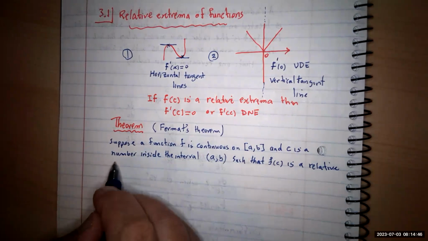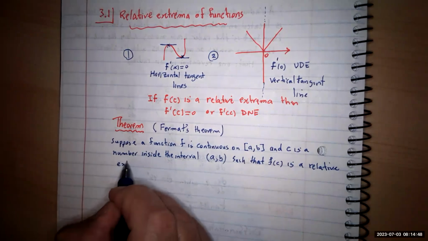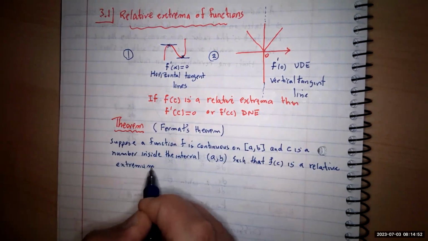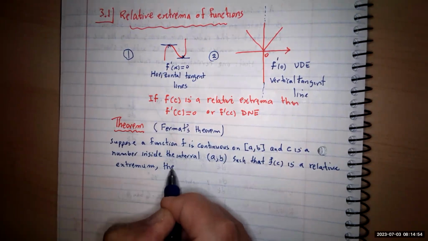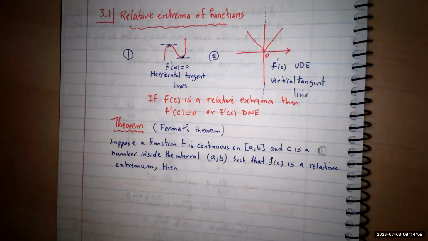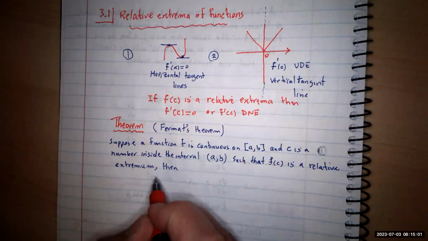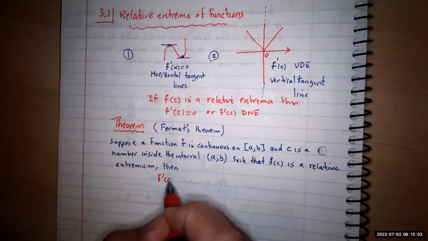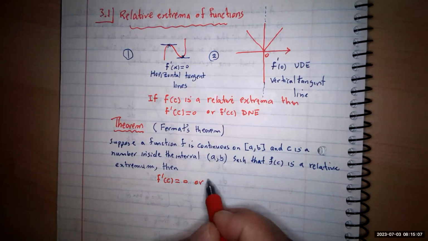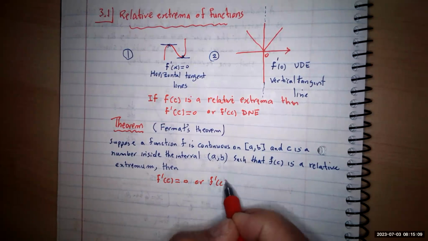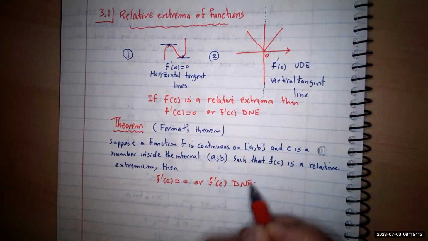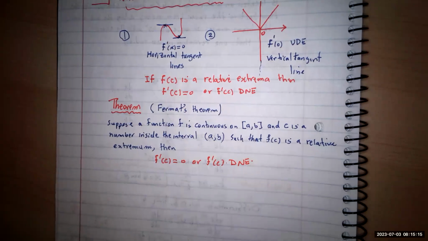If this is the case, then we have two possibilities. Either f prime of c is equal to 0, or f prime of c does not exist. Exactly the case that we talked about.